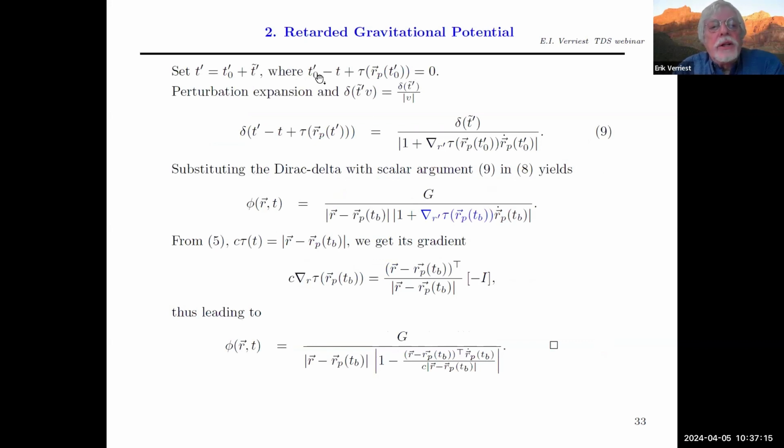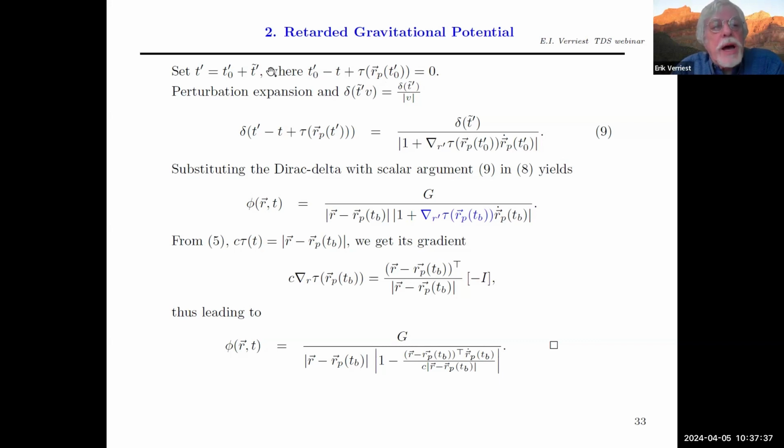Okay, I do now a further transformation. So what this says is that t prime 0 is actually t minus tau. So t prime 0 is the backward time. I should have called it t sub b, but I noticed too late to change the slide.